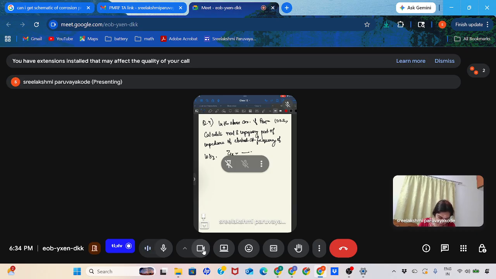ZRE equal to dash ohm centimeter square. And the next question is to find minus Z imaginary. Again, you may need code for this. You have to solve it and find the real and imaginary parts. You need software to do it.